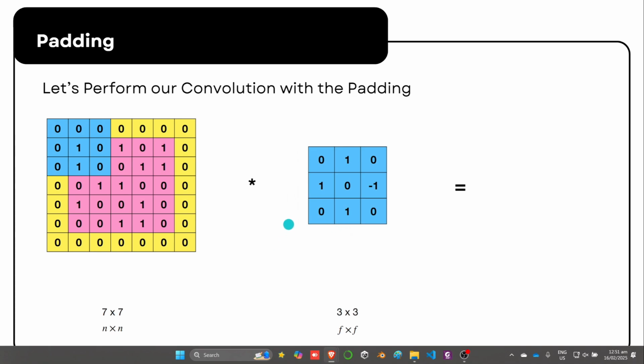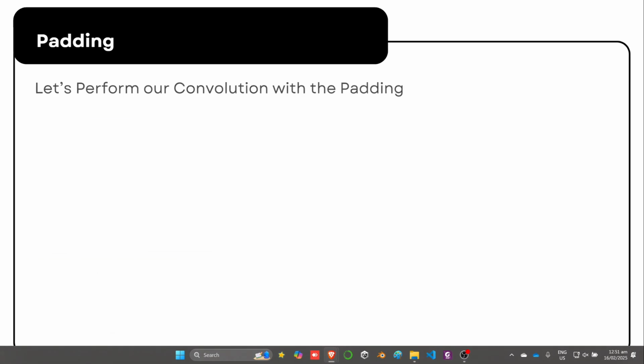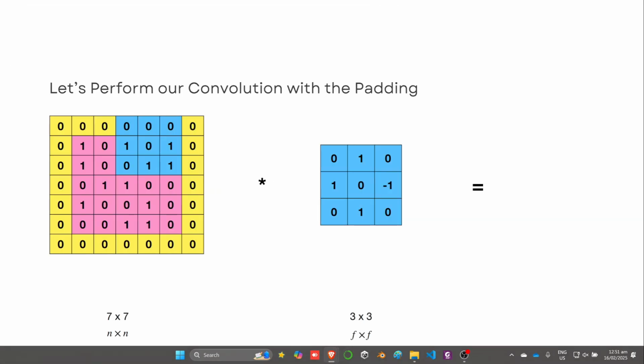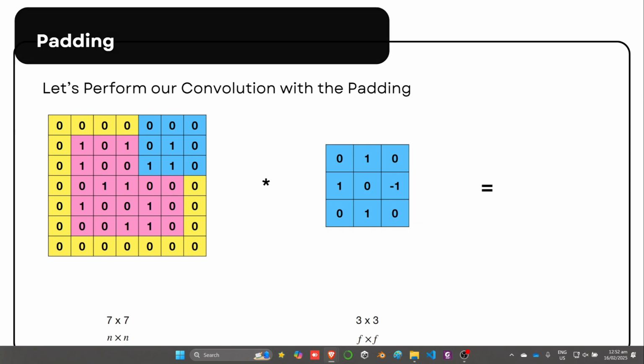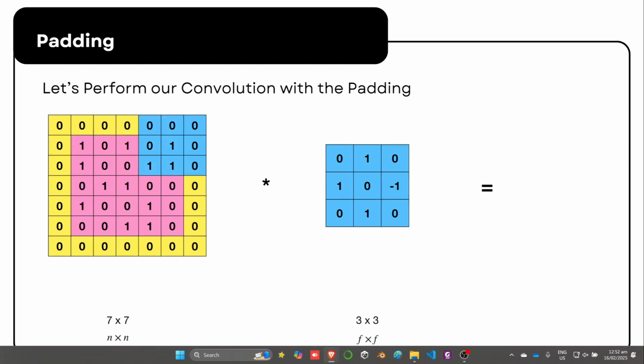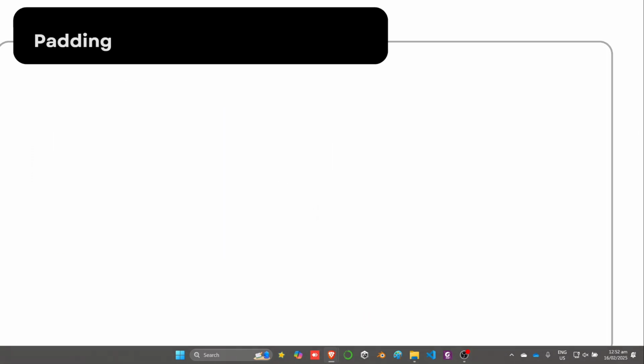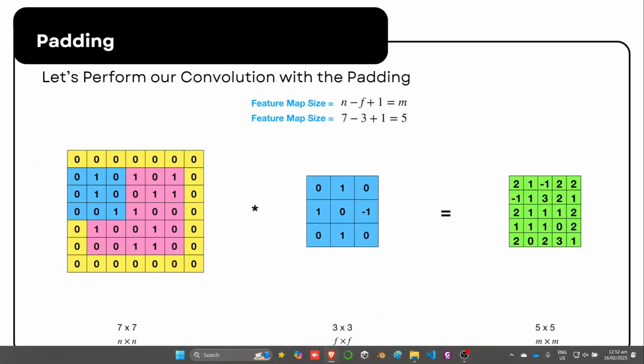So what if we perform the convolution on this? You can see as we keep going and move along until we get the output. Then again, okay, for this one. And again.